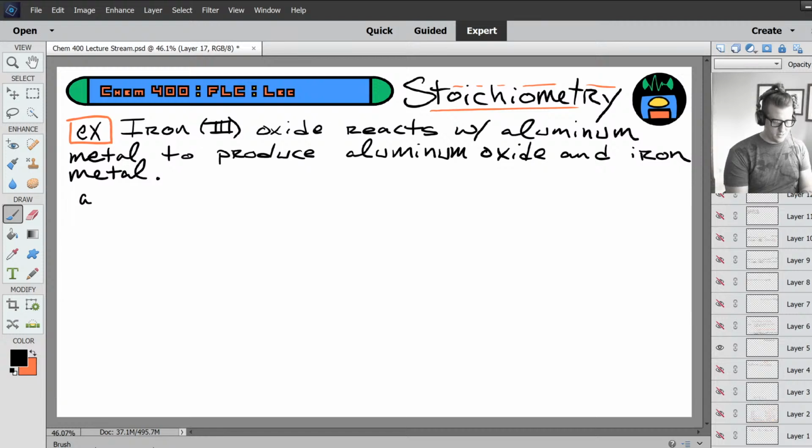All right. Part A is write a balanced chemical equation.